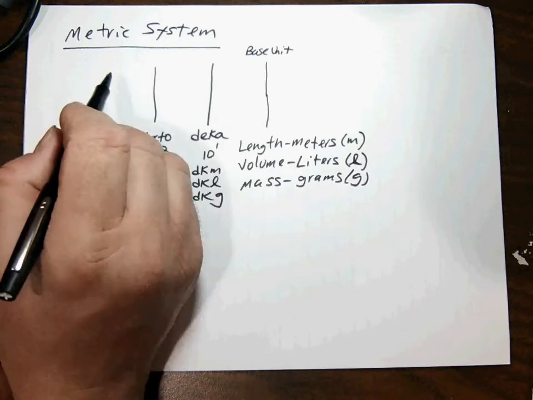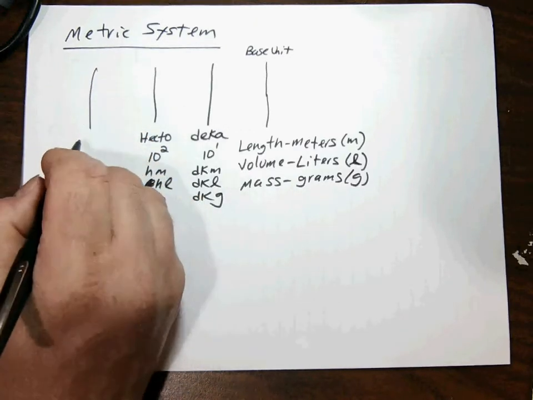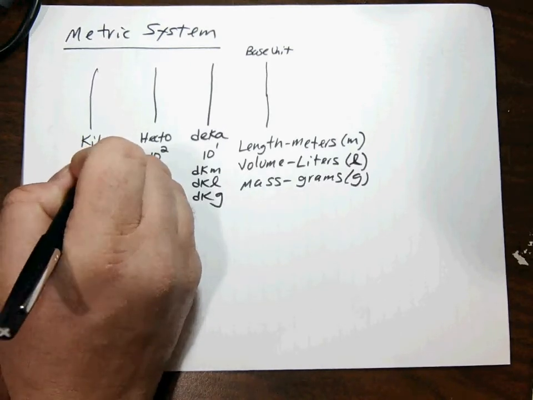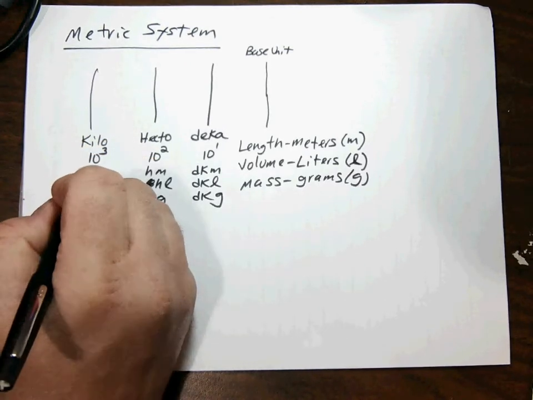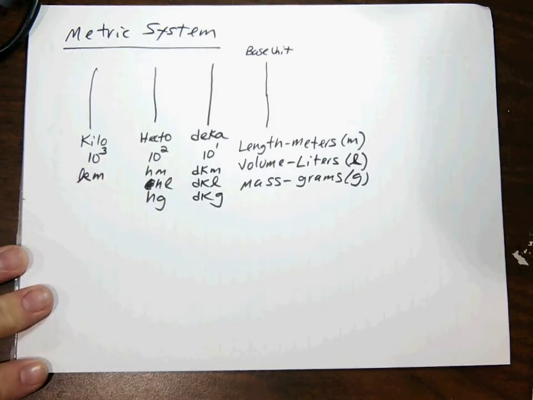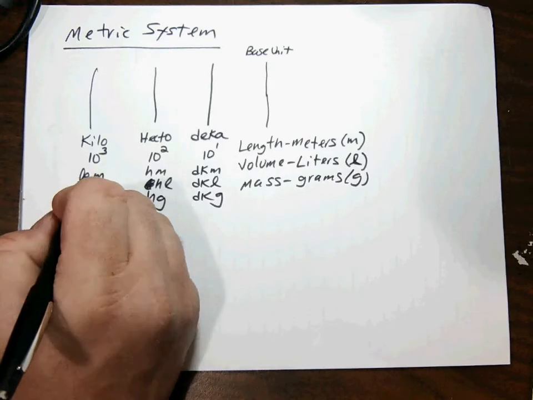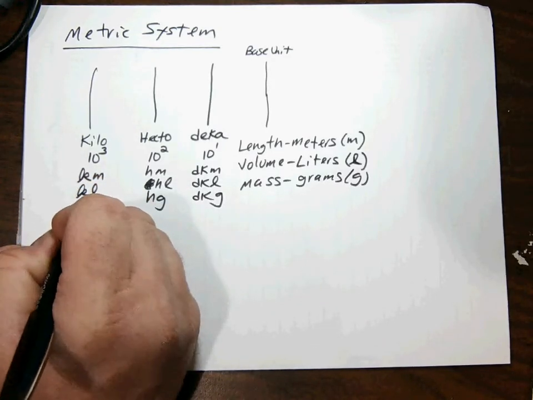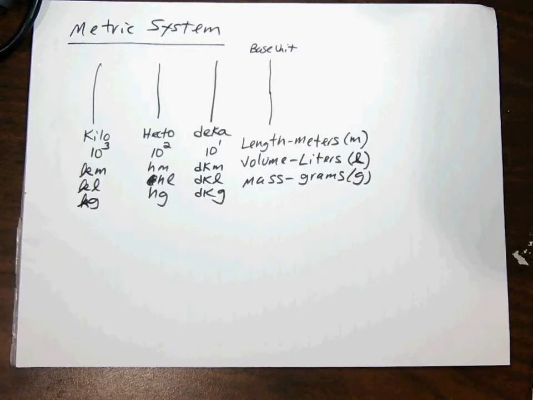Kilo, another power of 10 over. 10 to the third power over. Okay? Letter K. So kilometer or kilometer, more commonly pronounced. Kiloliter, kilogram. Okay? Kilogram we have some familiarity with. Kilometer, kilometer we have some familiarity with. Okay? Alright, so far so good.